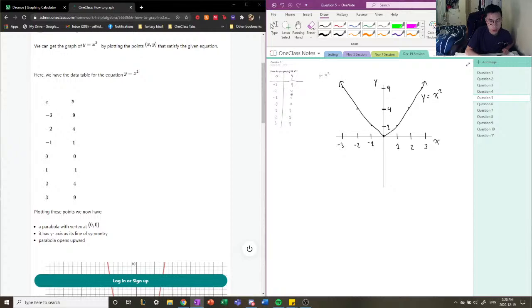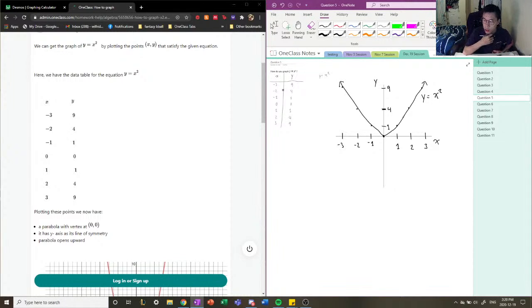By doing these testing points, we can come to conclusions about our function. We have a symmetrical function. We have a function that outputs only positive values. We know that the minimum, or the vertex, is 0, 0. We know the behavior of our function: if we increase x, y also increases. So we have all this different information from using these test points.